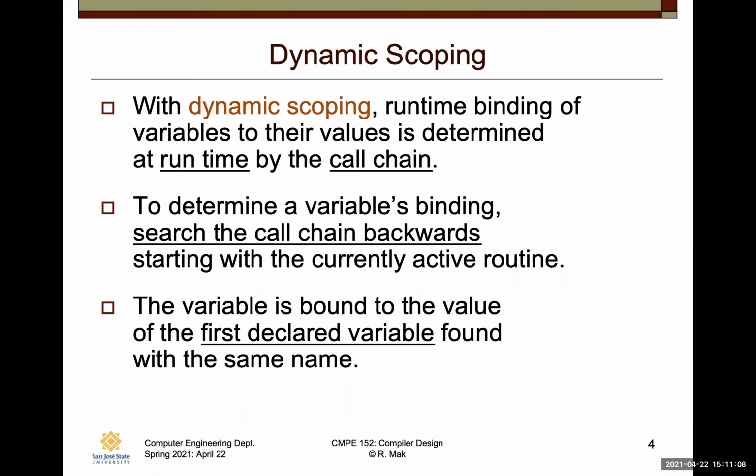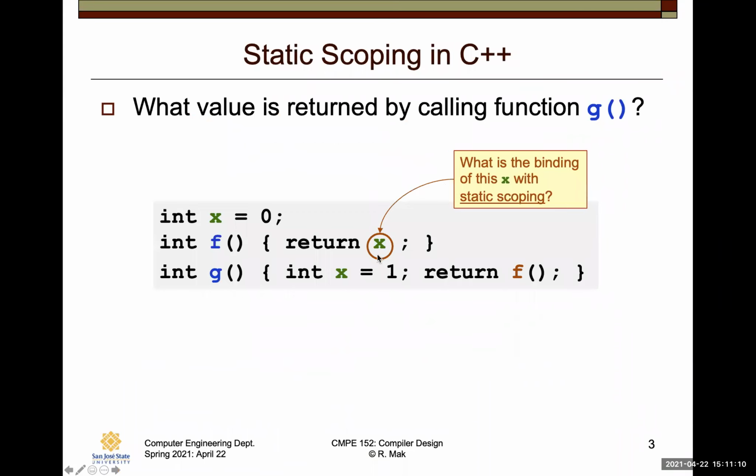With static scoping, you know that the value of x here has to be whatever is the value of the global x, because that's what this x is. The runtime binding is determined by the static scoping, and the static scoping says that this x is the global x.